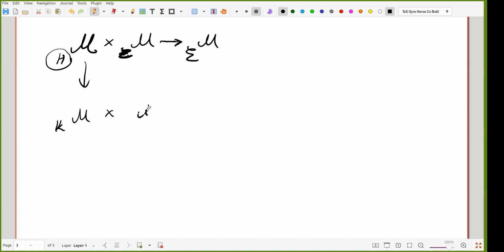You take just vector spaces. I forget for the modules here, so I know what it does on the vector spaces. It's just the usual thing.